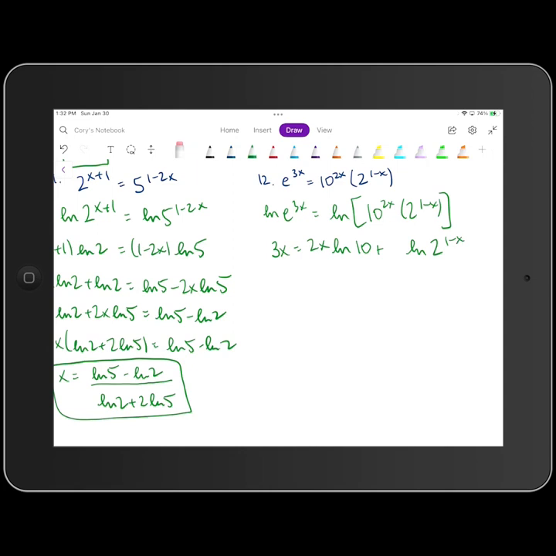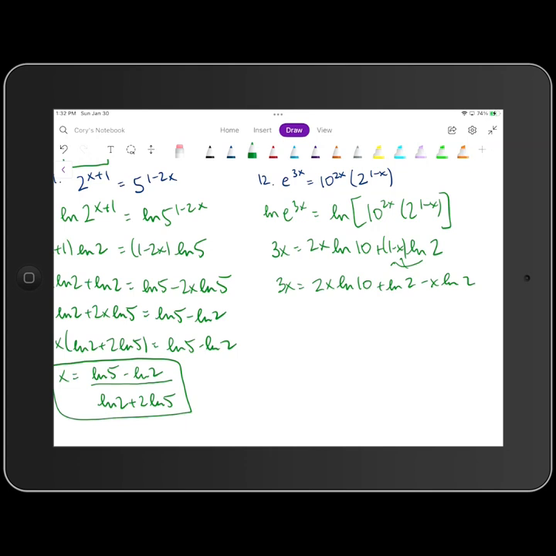And once again, I'm going to take that exponent 1 minus x and pull it out front as a factor. Then I'm going to distribute the natural log of 2 across these two terms. So we get 3x equal to 2x ln of 10 plus the natural log of 2 minus x times the natural log of 2.